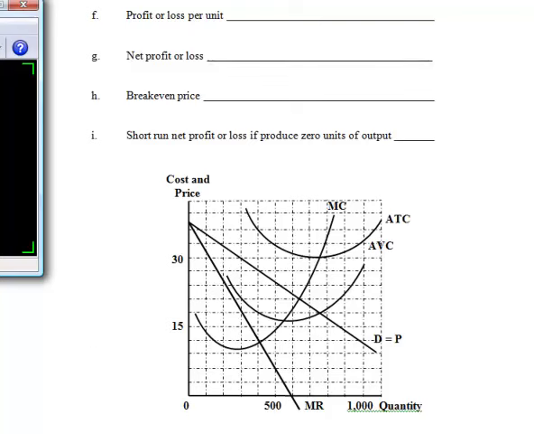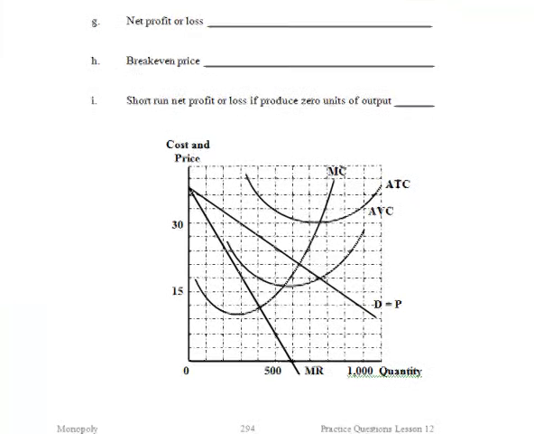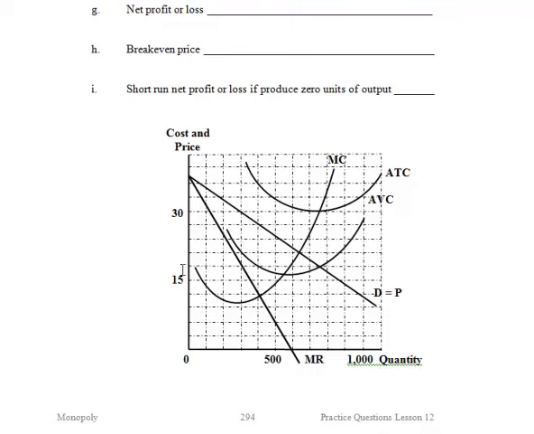So I'm going to ask you to look at this particular graph, and this graph allows you to determine those values yourself. Here's the marginal cost curve. Here's the marginal revenue curve, our average variable cost, our average total cost. Here's our demand curve, which of course is where we measure price.